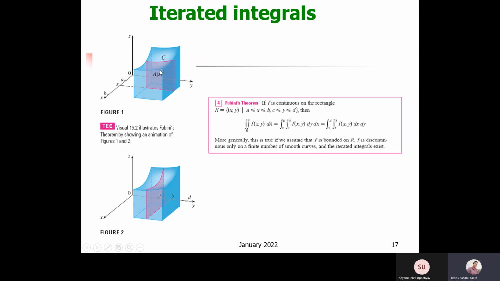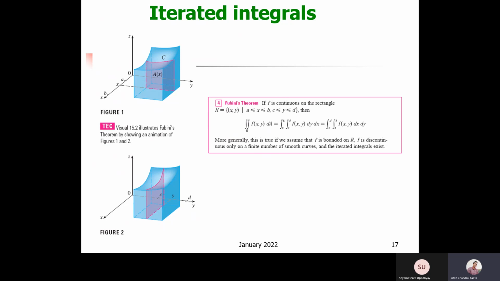For the volume, you can consider a band and take the sum of all those slices to find the volume. Similarly, if you integrate with respect to x, keeping y constant, it is going to give you a slice like this. So this portion represents some area as a function of y. Okay, fine. So this is about iterated integrals.